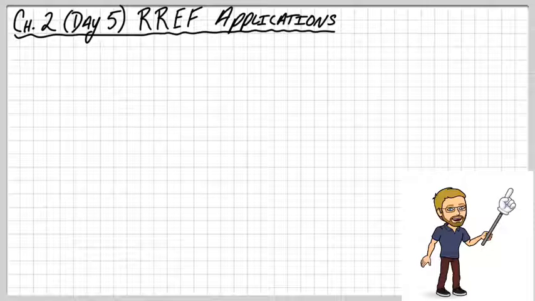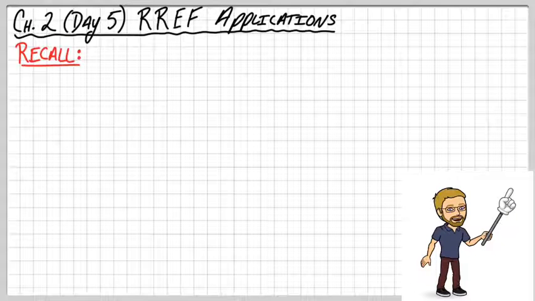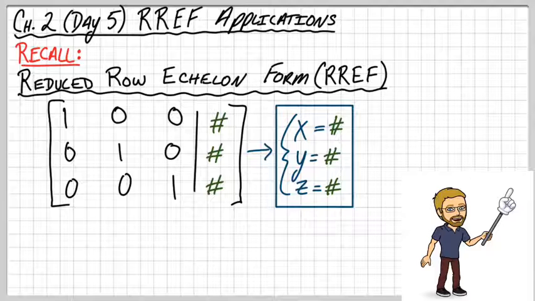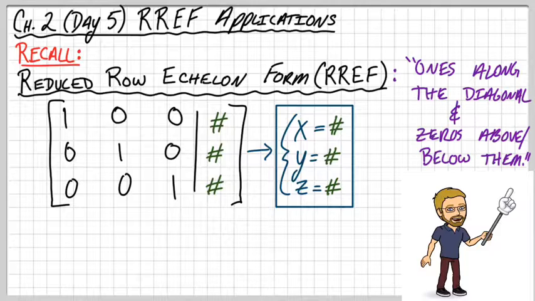Okay, let's refresh our memory about a couple things from the last video. One, we know RREF stands for Reduced Row Echelon Form. And if we're solving three equations, let's say with x, y, z, the RREF matrix would look something like this, right? We might say it has ones across the diagonal, and then zeros above and below the ones.